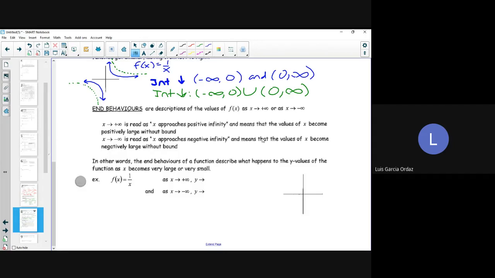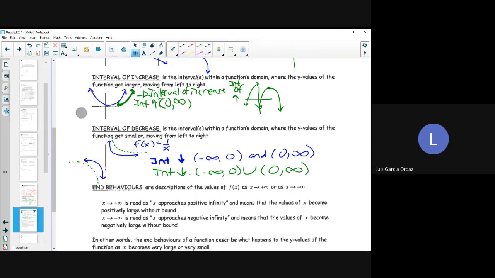Okay, in this case, with the 1 over x, from negative infinity going towards 0, the y values are decreasing. Okay, so negative infinity is all the way down here, and this is 0.